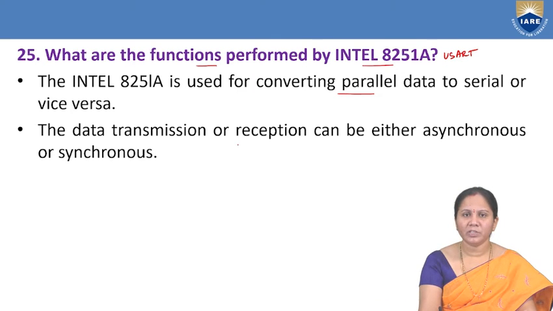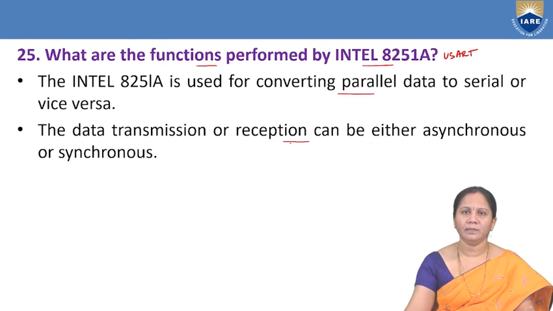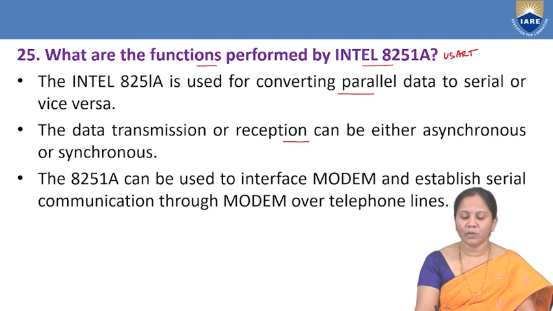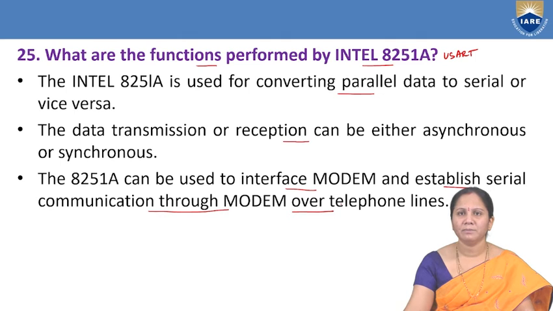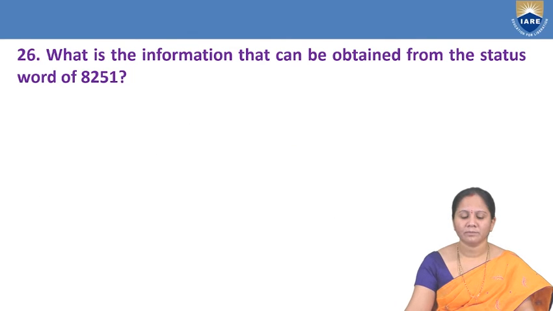Another function is that data transmission or reception can be either asynchronous or synchronous. And the 8251 can be used to interface a modem and establish serial communication through the modem over telephone lines.